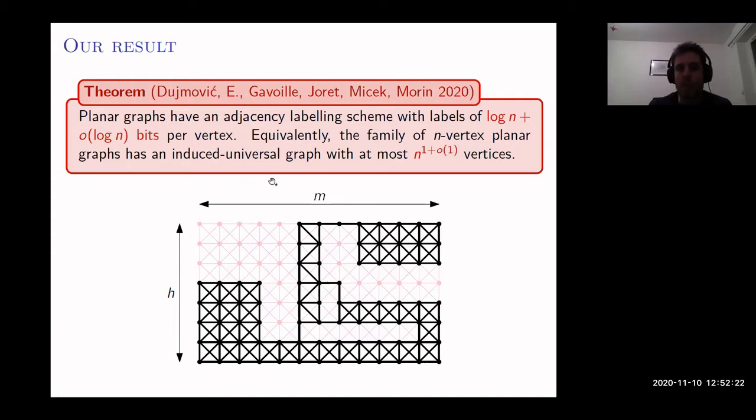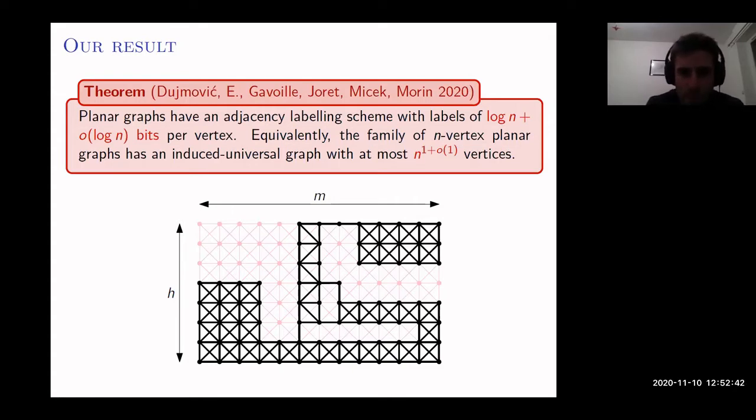So P, a path, times a path, where times is the strong product. It's just a grid with all diagonals. And finding an adjacency labeling scheme for n-vertex subgraphs of the grid is already an interesting problem. Most of the ideas of the whole proof are in this specific case.